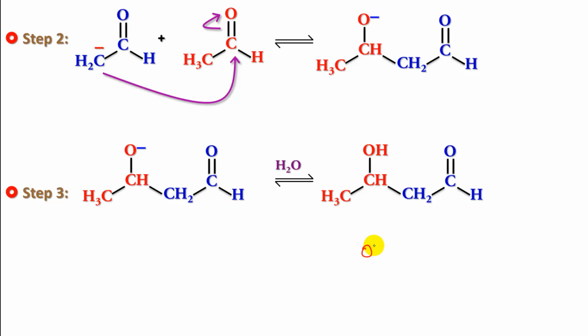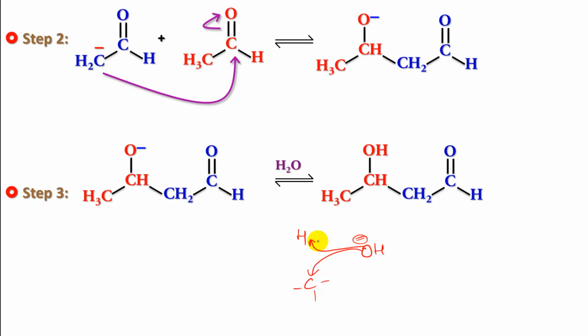Because a base and a nucleophile only differ in the fact that the base attacks an acidic H, whereas a nucleophile will attack a carbon which is electrophilic. An electrophilic carbon is attacked by the nucleophile, and a proton is attacked by the same species, in which case we call it a base.